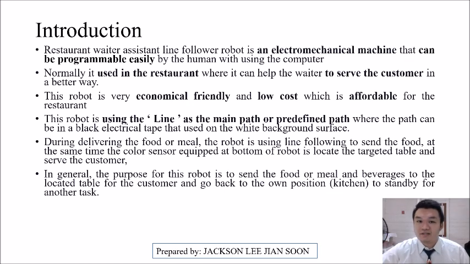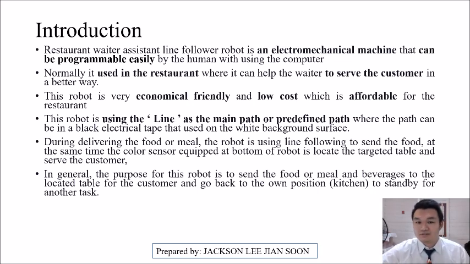Before I go into detail of my presentation, I will give an introduction of my project. The Restaurant Waiter Assistant Line Follower Robot is an electromechanical machine that can be programmed easily by humans using a computer.